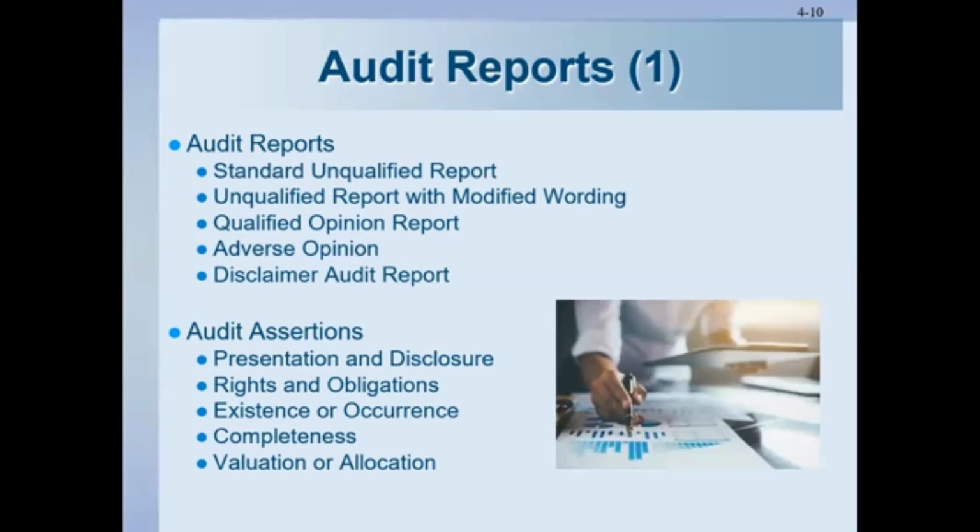So according to our textbook, the standard unqualified report contains the opinion that the financial statements present the financial position and results of operations according to a specified basis of accounting, and that no significant departure from that basis exists. An unqualified opinion is essentially a clean report.